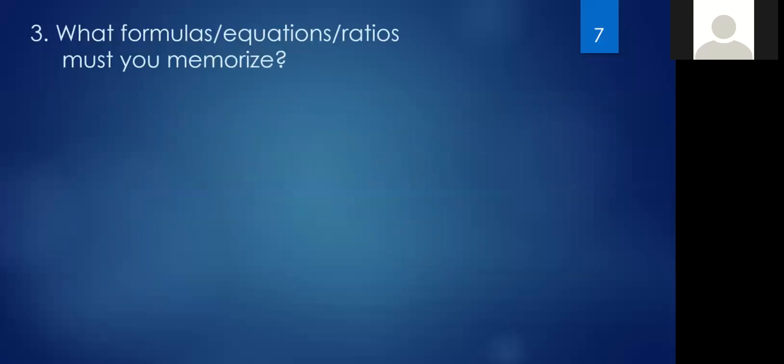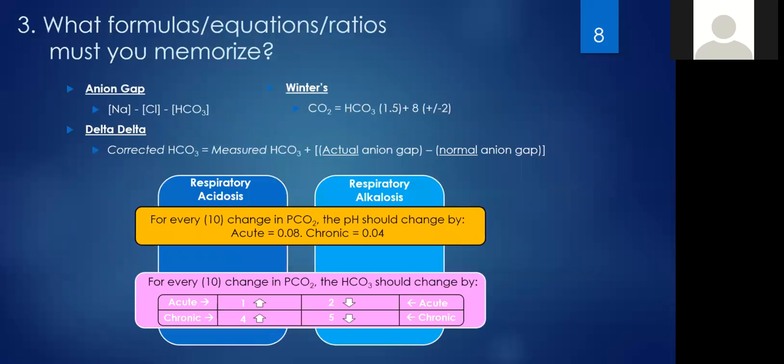And then our third critical slide are the formulas or equations or ratios that you've got to know. Okay, so you need to know how to calculate an anion gap. You've got to know about delta delta. You've got to know about Winter's formula, and you've got to know about this cartoon here, which allows you to determine chronicity of respiratory disturbances and allows you to determine are there other disorders present in respiratory disturbances.